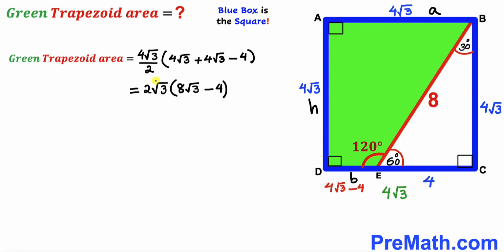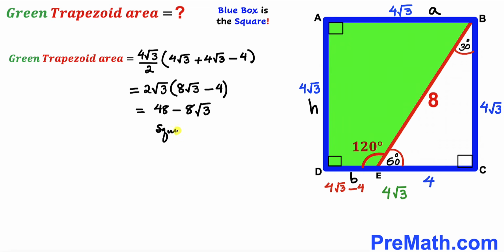Now I am going to distribute these numbers, and bear in mind, the square root of 3 times the square root of 3 is simply 3. When we multiply these, that gives us 48, and then minus 2 times the square root of 3 times 4, which gives us 8 times the square root of 3.